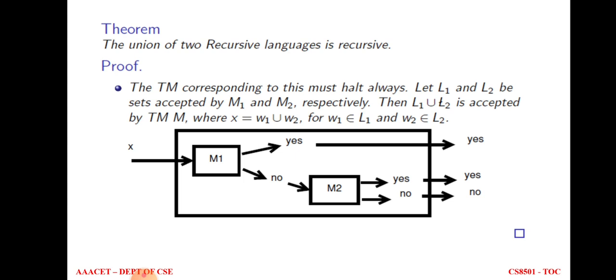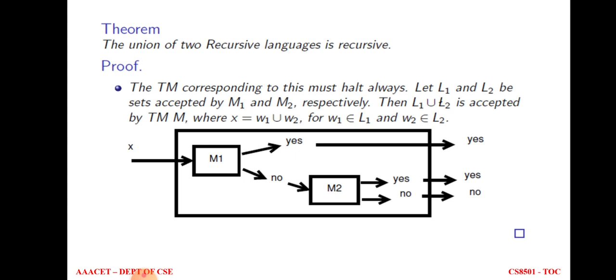Consider L1 and L2 are two recursive languages, and L1 is accepted by M1 and L2 is accepted by M2 respectively. Then the union operation of both recursive languages, that is L1 union L2, is also accepted by the Turing machine M, where X is equal to W1 union W2, which means W1 belongs to L1 and W2 belongs to L2. So we can perform the union operation W1 union W2, that is represented by X. So this is the diagrammatic representation of this theorem.